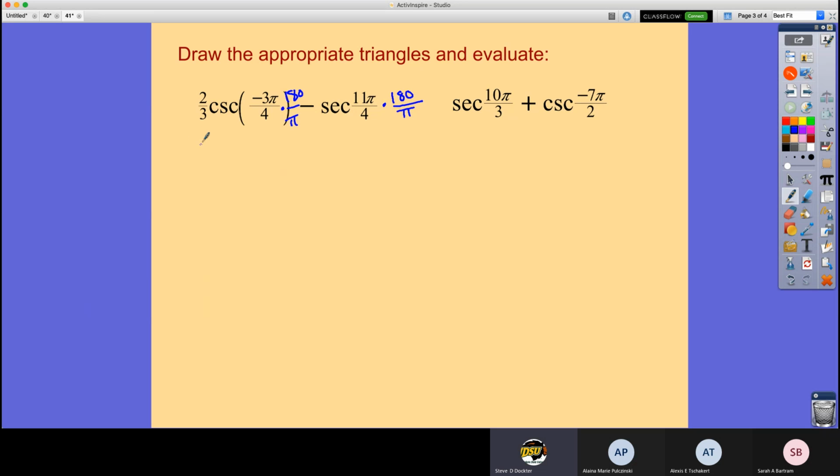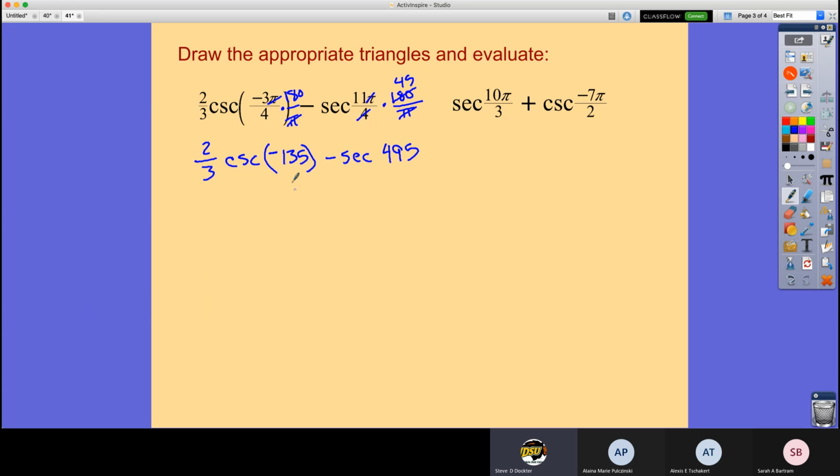All right, so then this turns into 2/3 cosecant of negative, pi's cancel, 4 goes into 180 45 times, negative 3 is negative 135. Minus secant, pi's cancel, 4 goes into 180 45 times. That is 495.